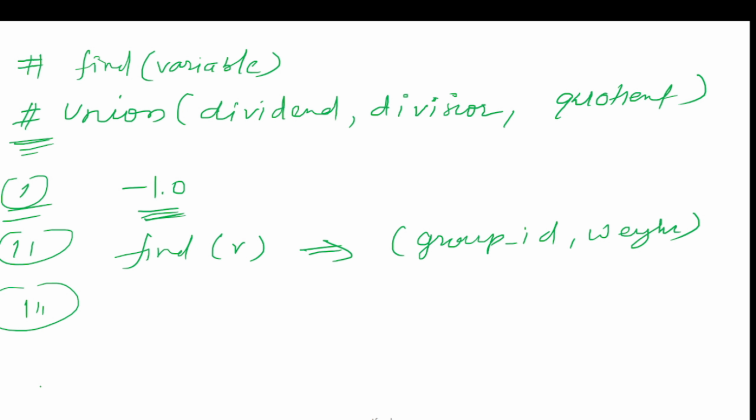Finally, if both variables are in the same group, then we will simply perform the division between them, dividing their weights, and so we'll get the result. Okay, it's very easy, guys. If you have not understood till now, pause this video, repeat it again, and so you will have a better understanding. So let's understand the coding part.